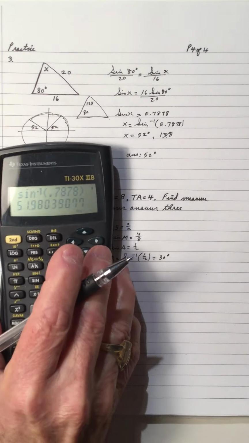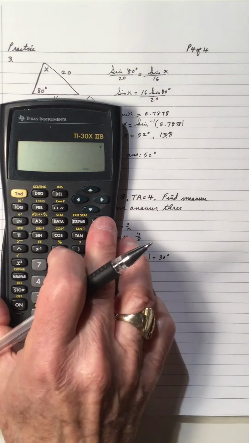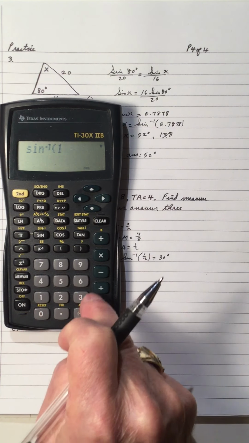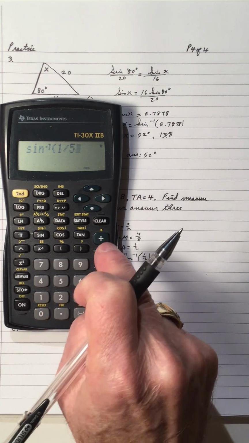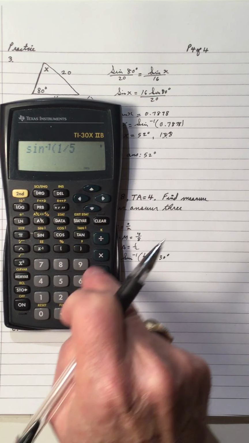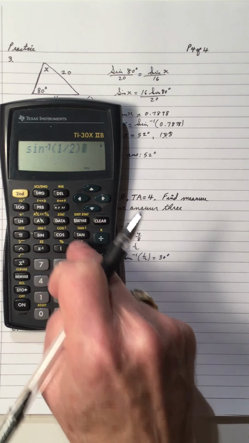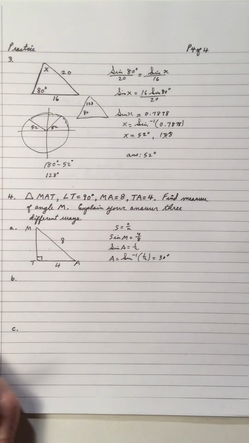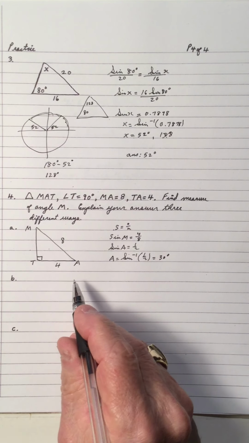If we use our calculator, inverse sine of 1 divided by 2 is 30. Again, I can put a half in. So that's one way using your calculator.